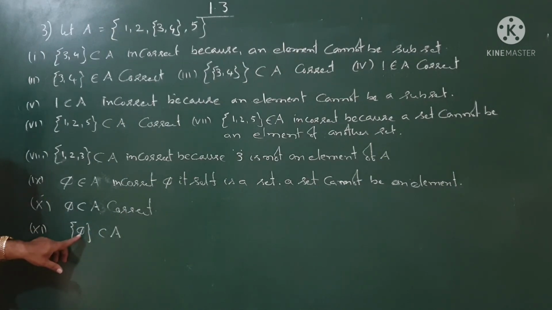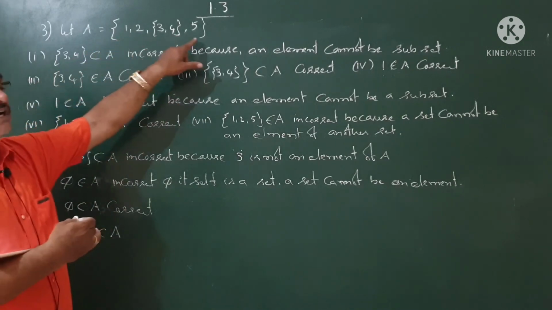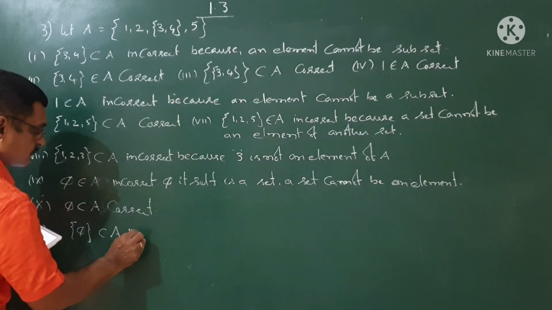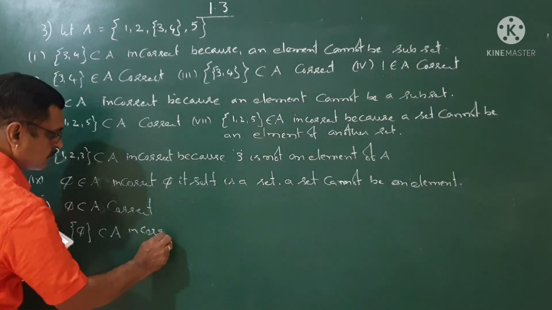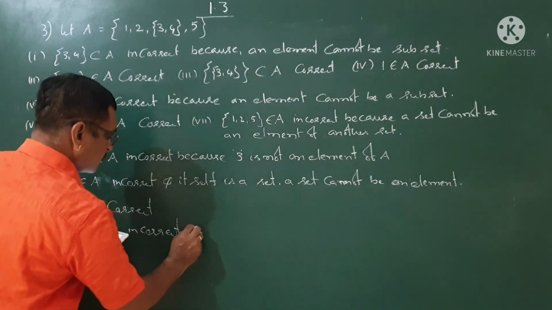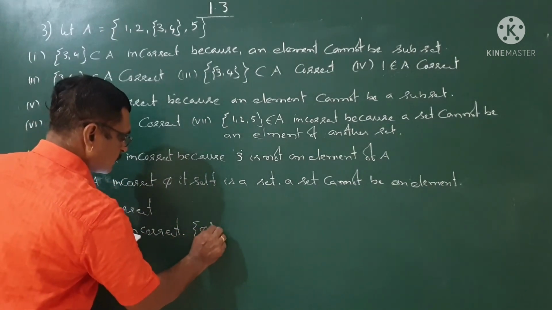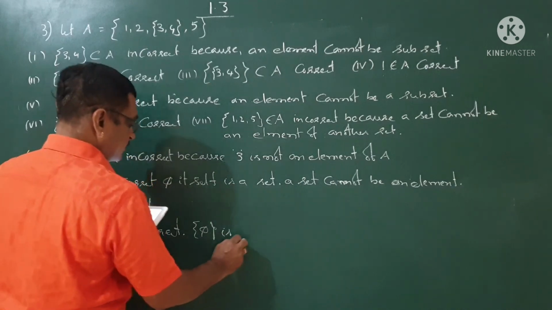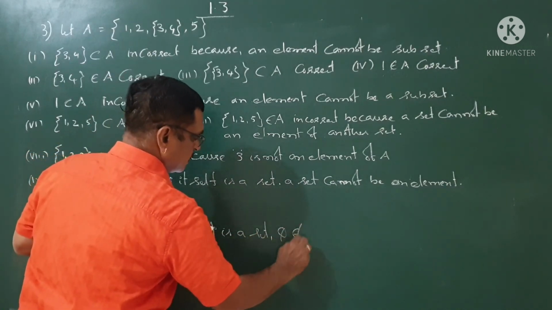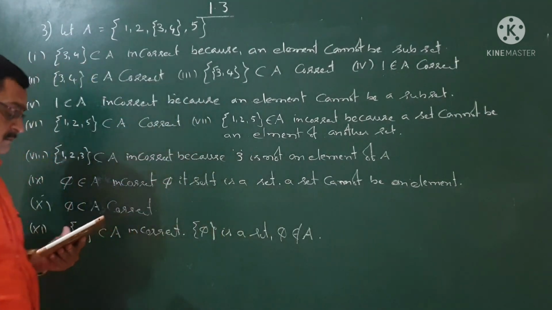But here phi is not an element of the set A. Therefore, it is incorrect. Because {phi} is a set, phi does not belong to A. That's the mistake.